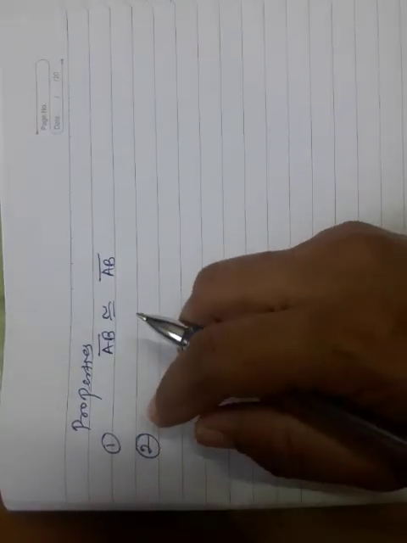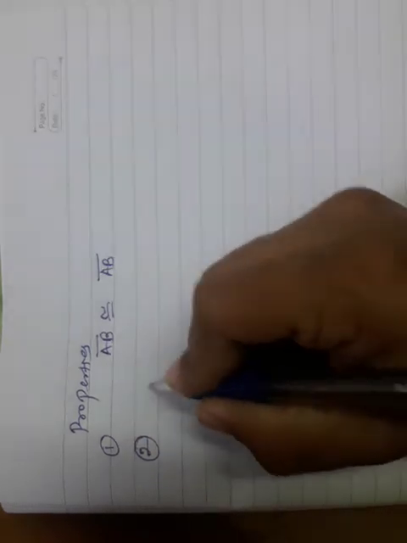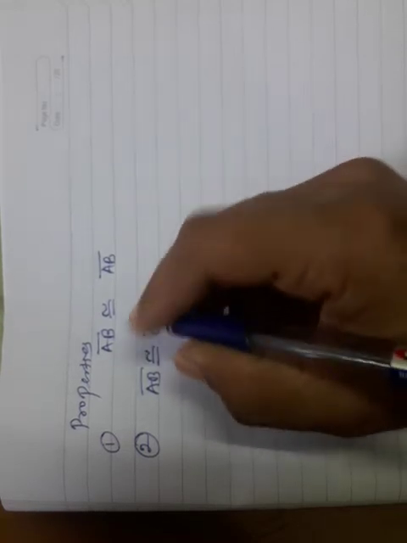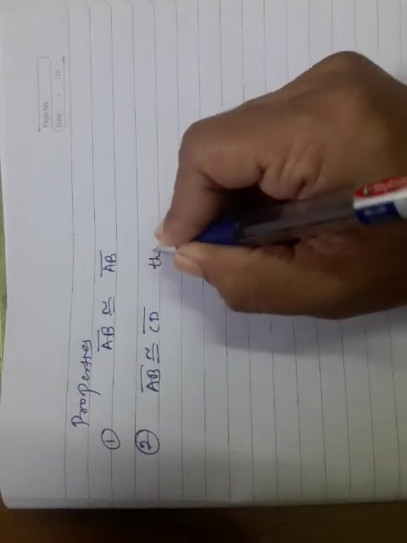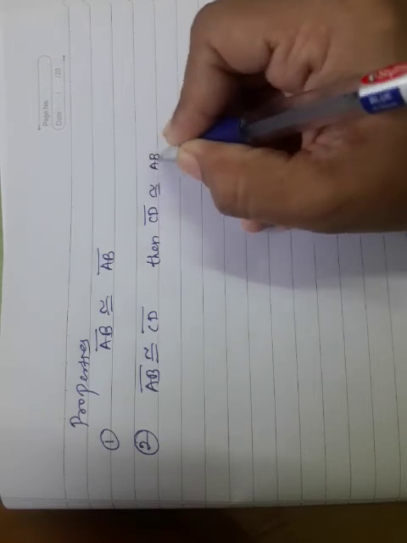Now the second property: if AB and CD are two line segments and AB is congruent to CD, then CD is congruent to AB.